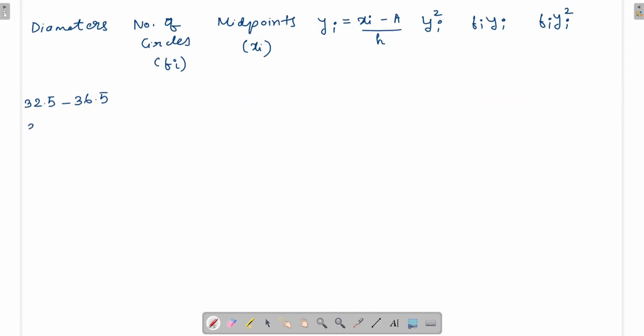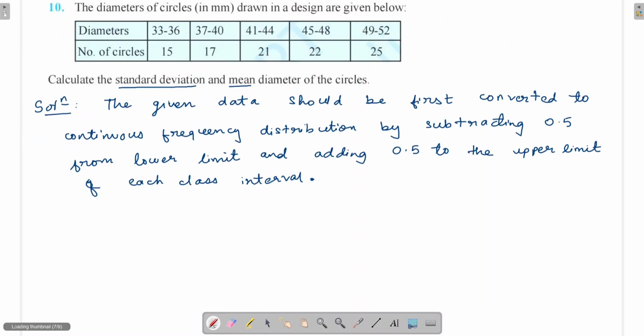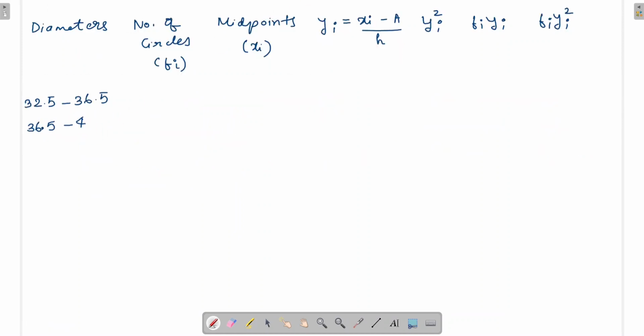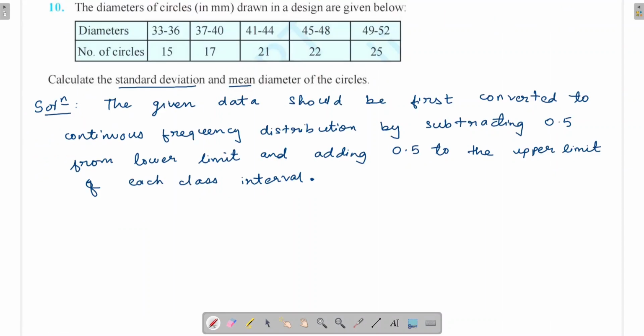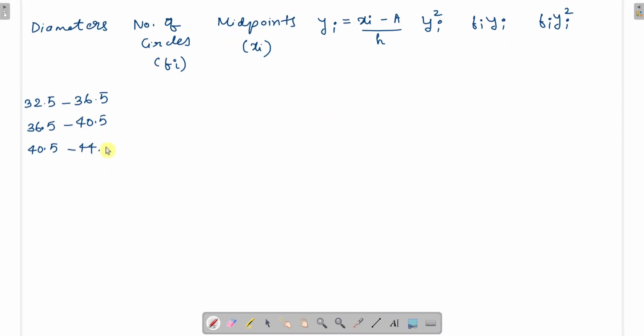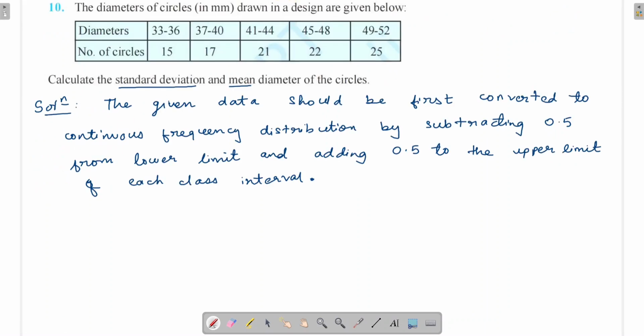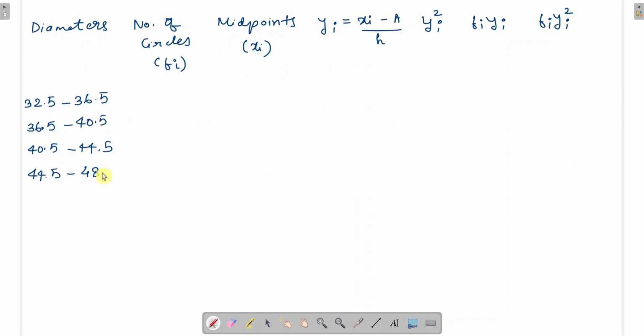So similarly we will get here 36.5 to 40.5, then 40.5 to 44.5, then 44.5 to 48.5, then 48.5 to 52.5.